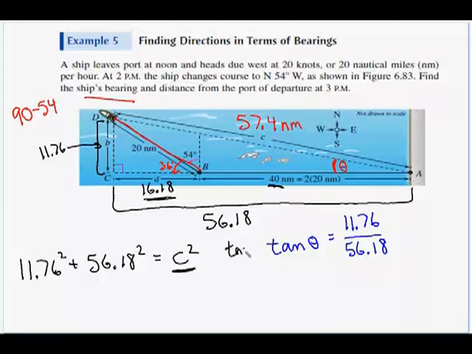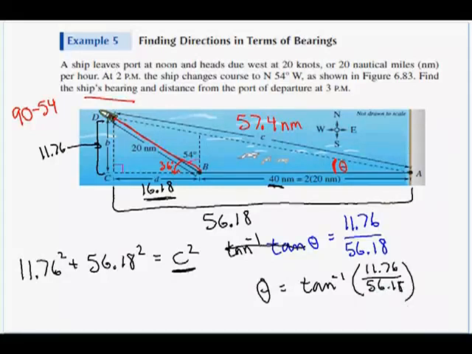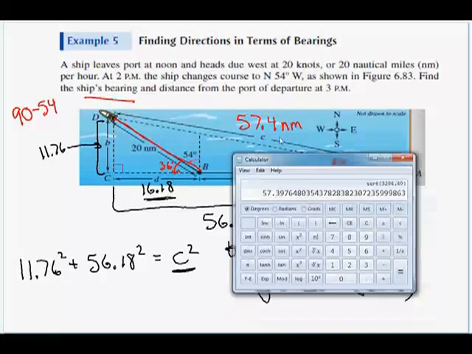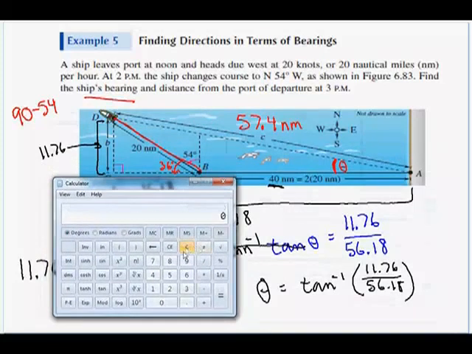So I'm going to tan inverse this side to get those to cancel. So we're going to have theta equals the tan inverse of our fraction, 11.76 over 56.18. Back to the calculator. So we are going to do the inverse trig function here. So I'm going to hit the inverse key, and all my sines, cosines, and tangents changed to their inverse functions.